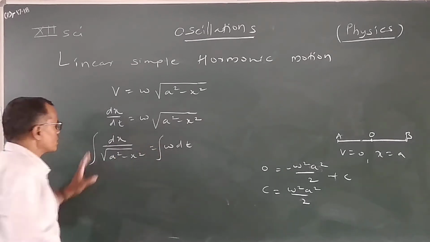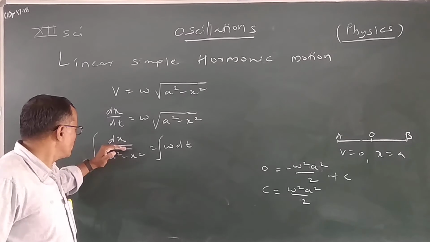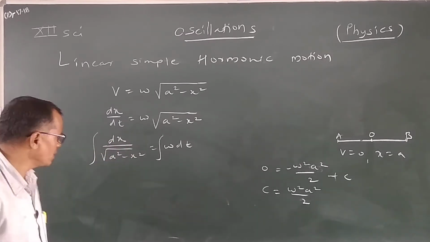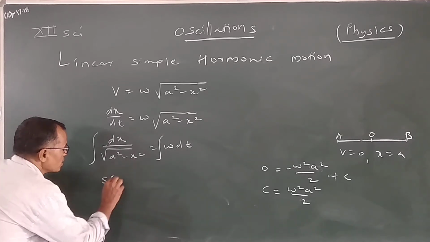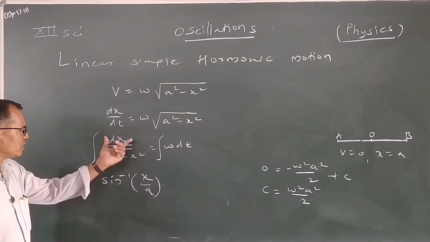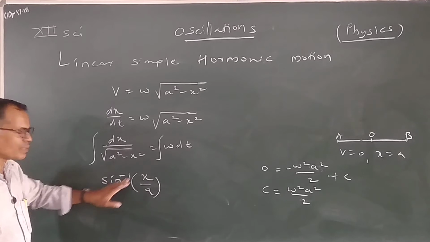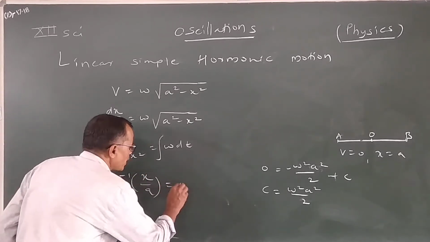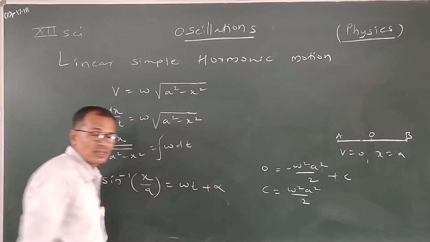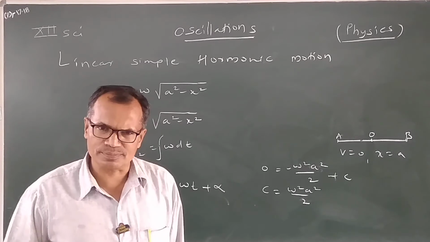Now write this standard form. That is integration of dx divided by root a square minus x square is a standard form. And its integration is, yes, correct, sine inverse of x upon a. So integration of this equation is sine inverse of x upon a is equal to omega, which is constant, integration of dt is t, plus alpha. What is alpha? Alpha is again called as a constant of integration.